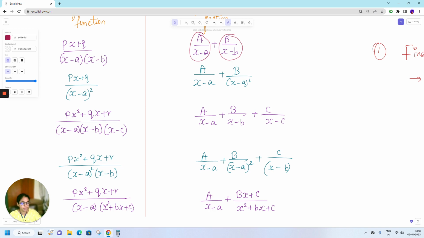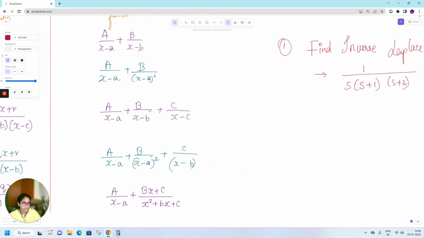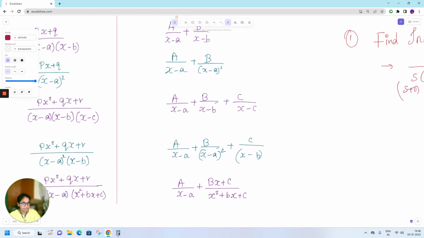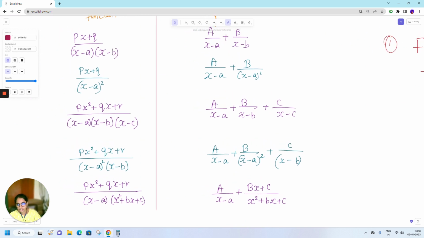In the middle, we would have plus or minus in our problem. So this is exactly what we need for our problem right now. Observe now, our problem is 1 divided by s into s plus 1 into s plus 2. I can write s as s plus 0. So we have three terms, and it is in this format.